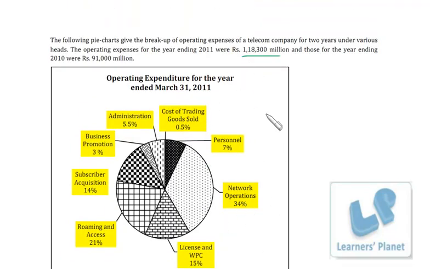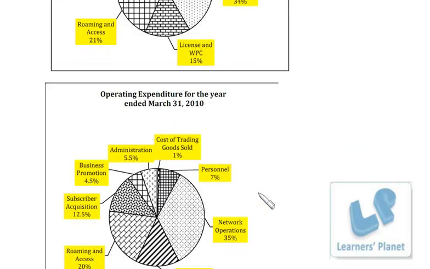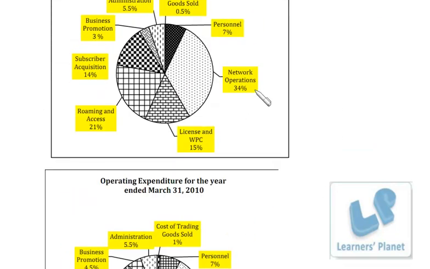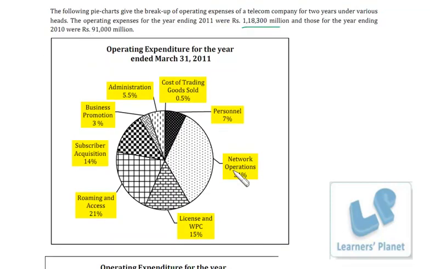And here it is 34% of 2011. Now this decrease from 35% to 34%, whether it is more than 30% or not. You getting my point? So this is 35% of 910 and this is 34% of 1183, right? So obviously 34% of 1183 will be bigger than 35% of 910.